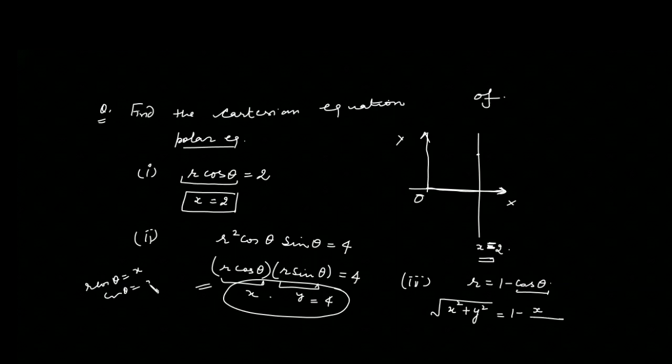So this will be x upon the square root of x square plus y square. We can simplify this more, we can again square both sides.